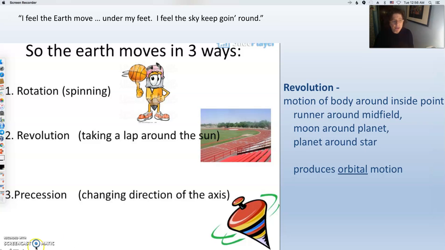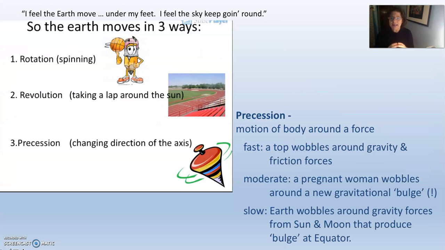When we get to precession, precession is the motion of a body around a force. And that is why we start with what you know. The top wobbles around gravity and friction forces that really key in on its bulge right here.